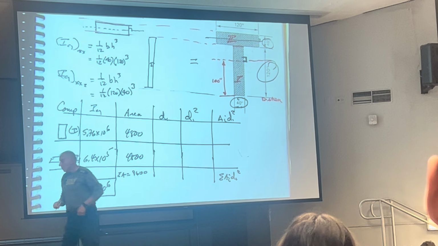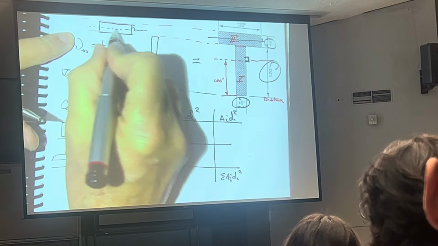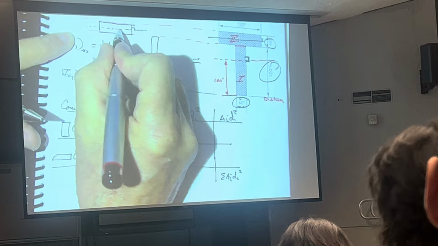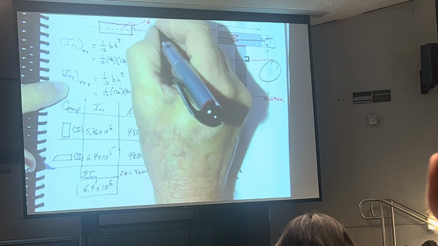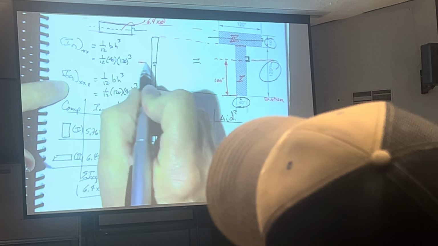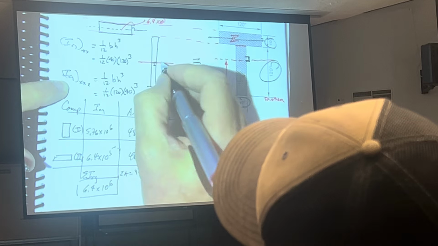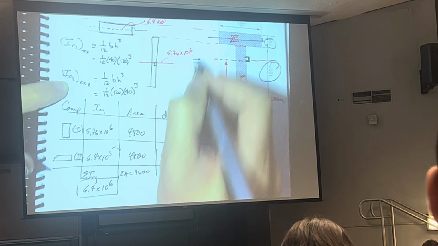In other words, what I just found was the ICG that goes through this axis. This right here is my 6.4 times 10 to the 5th. Here, this is my 5.76 times 10 to the 6th.